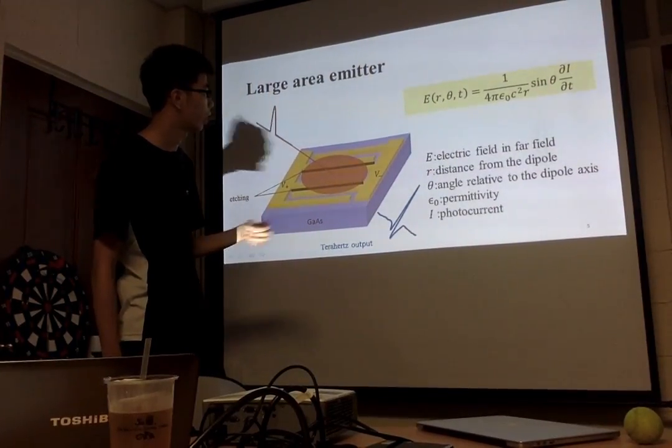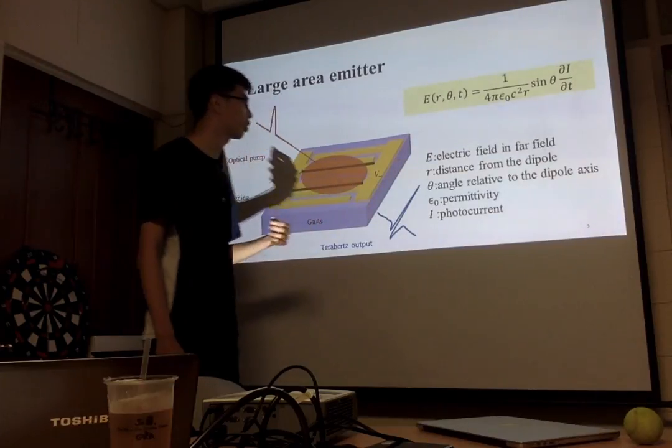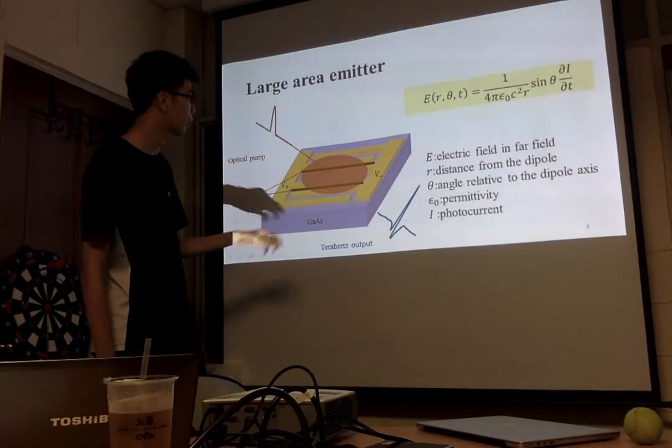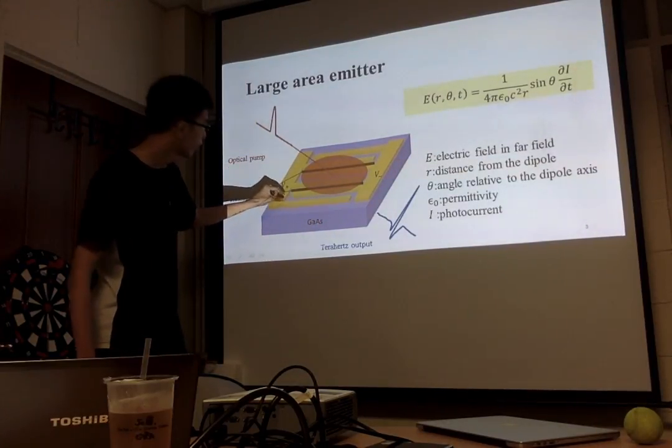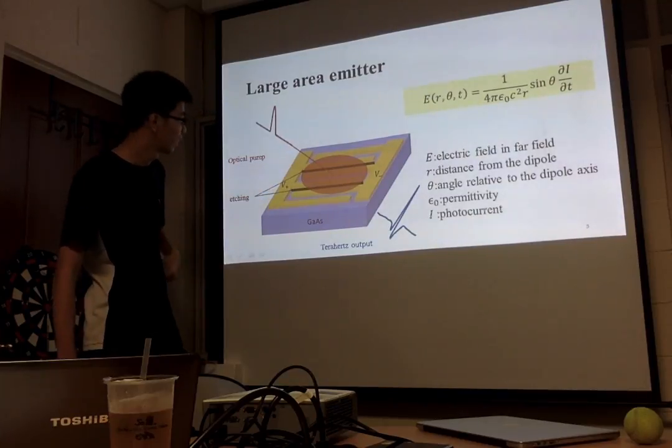And this R is the distance from the dipole here and the gate.